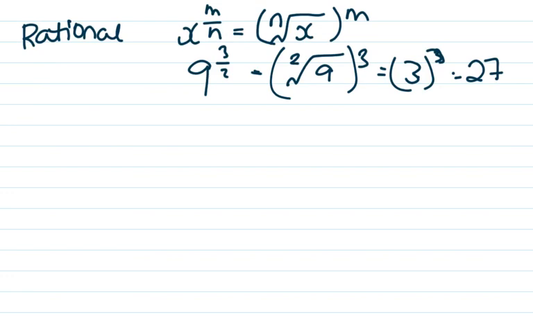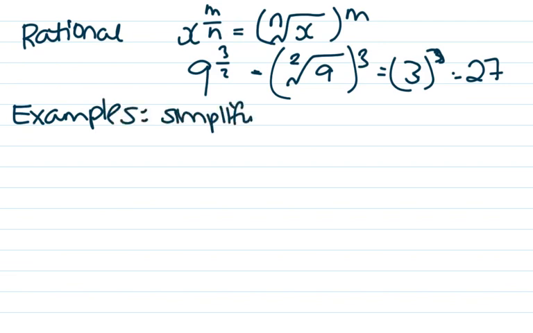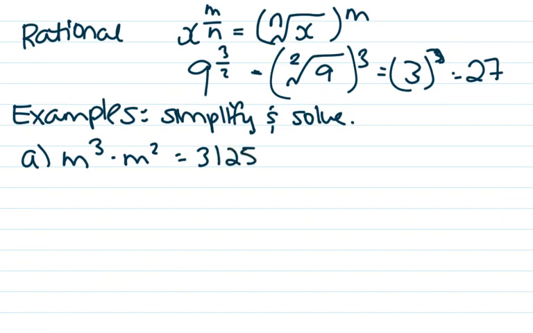All right, some examples. So we're going to simplify and solve. m cubed times m squared equals 3,125.